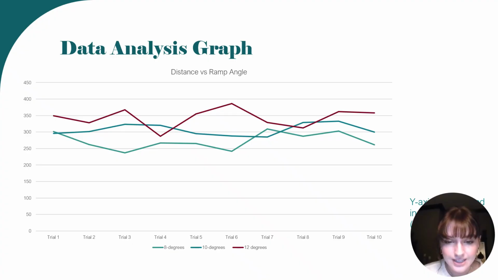But the red line is the 12-degree angle incline. The green line is 8 degrees. The blue line is 10 degrees. Sorry. But yeah, this is the data graph analysis of distance versus ramp angle.